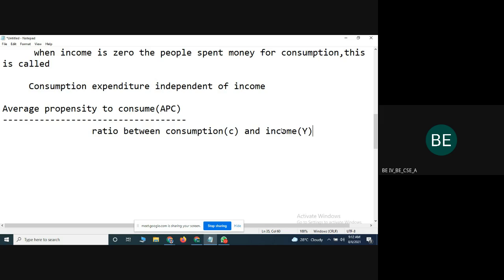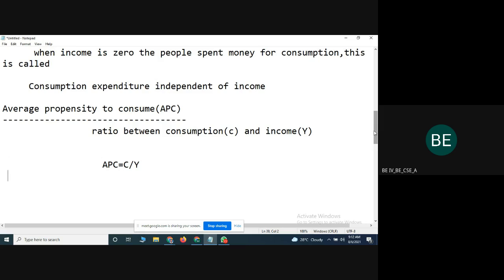This is called average propensity to consume. I'm going to represent it in mathematical notation: C divided by Y.